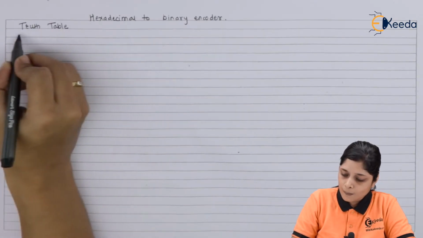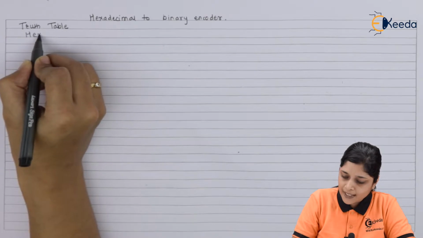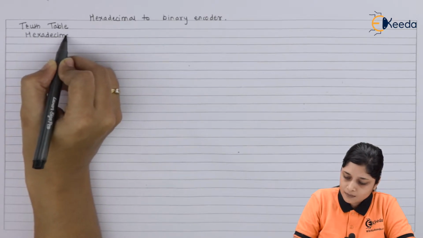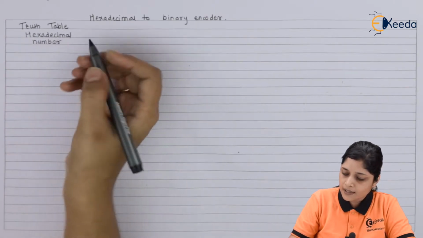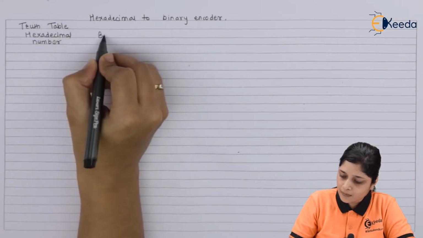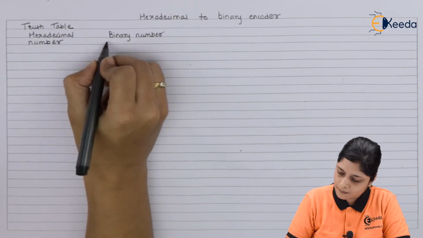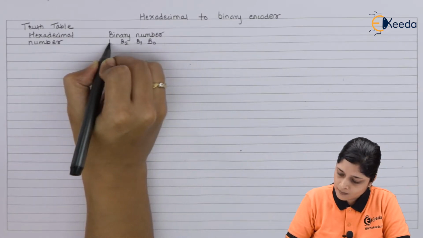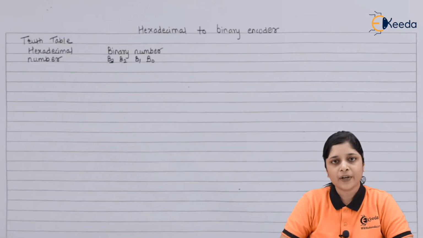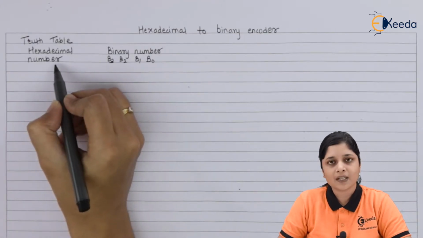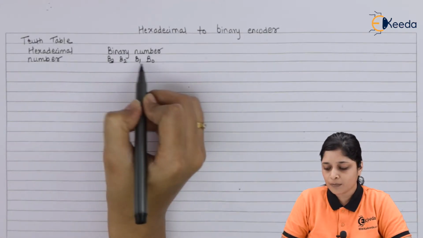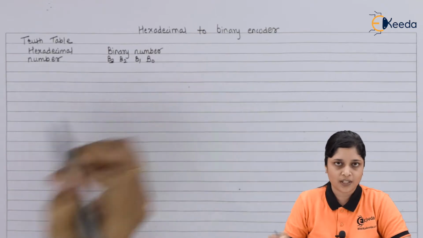At the input side you have the hexadecimal number and at the output side you have 4-bit binary numbers.